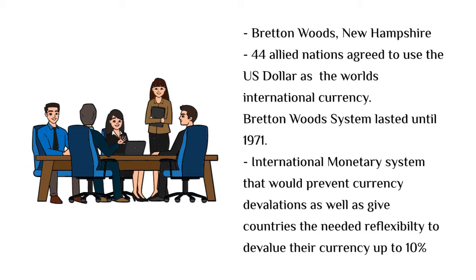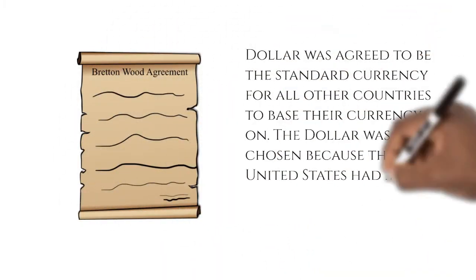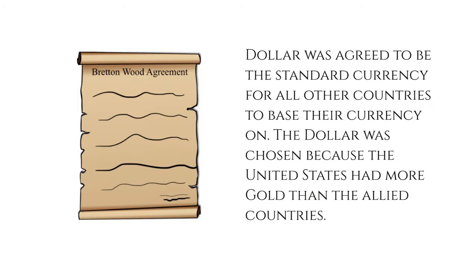The Bretton Woods standard was then passed into law, and that was the standard we were on for a very long time, until 1971, when it was ended by President Nixon. The dollar was chosen not only because it was backed by gold, but also because it was the currency of the country that had the largest amount of gold.